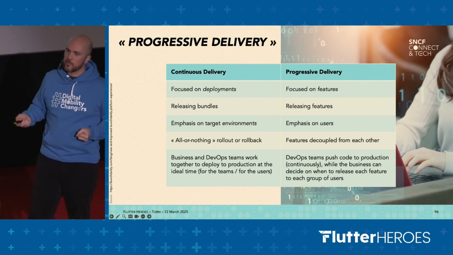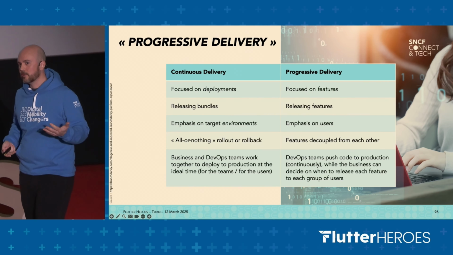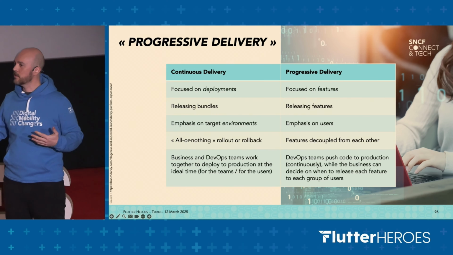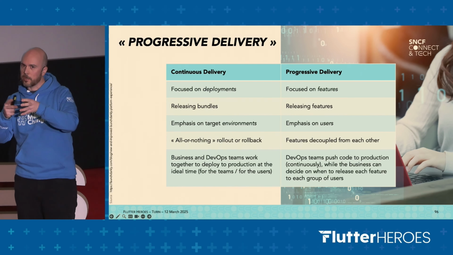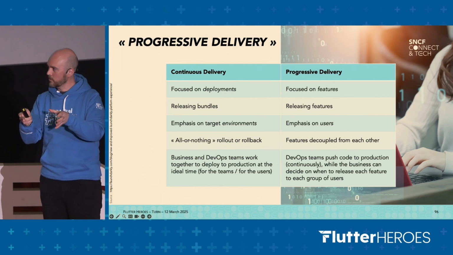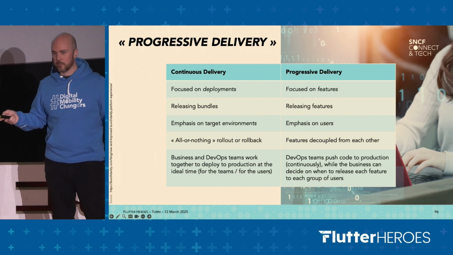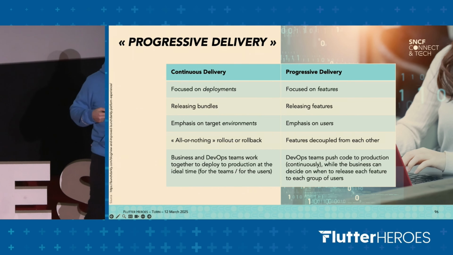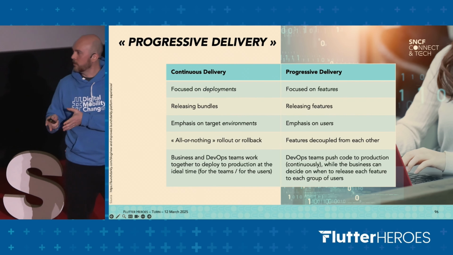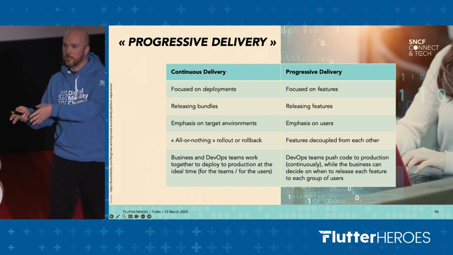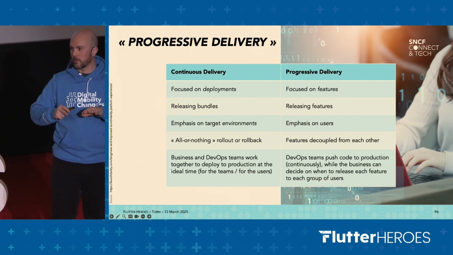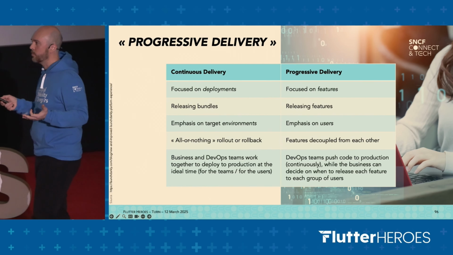In a larger organization, that's interesting because instead of having the technical, the DevOps teams and the business teams having to collaborate, to push and release at the best time for everyone, you can have the DevOps teams pushing continuously, that's continuous deployment, pushing the code, and having the business team activating this feature for this group, in a totally decoupled manner.